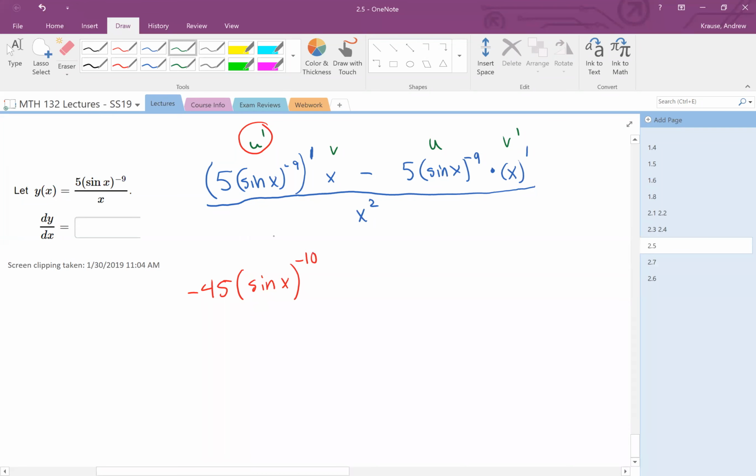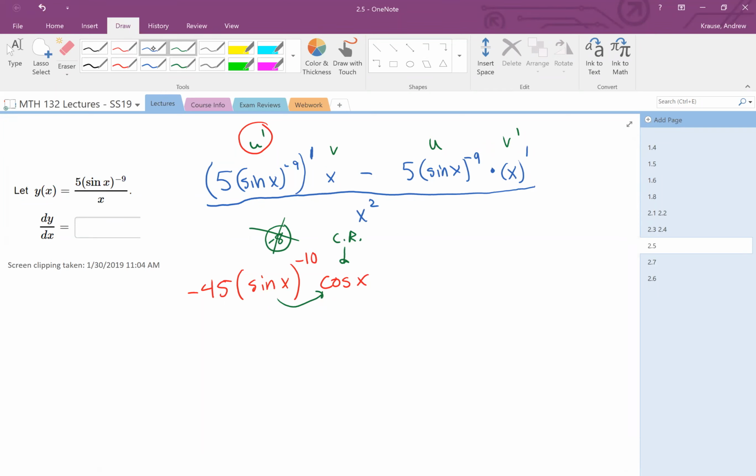A lot of people would have put a -8 there. Remember that you're subtracting one from a -9, so it needs to go to a -10. And then we need to multiply by the cosine of x. And this thing here, that's a chain rule because that comes from the sine.